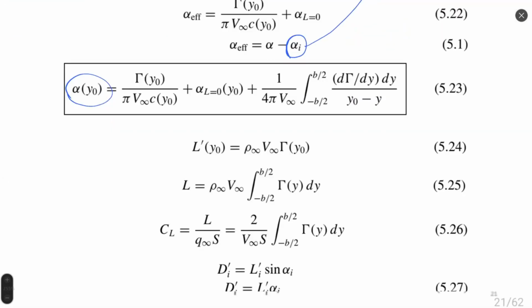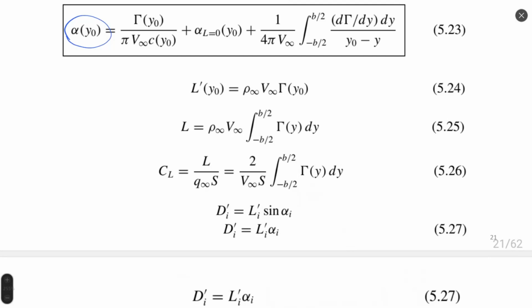This equation 5.23 has just one unknown. This unknown is gamma.